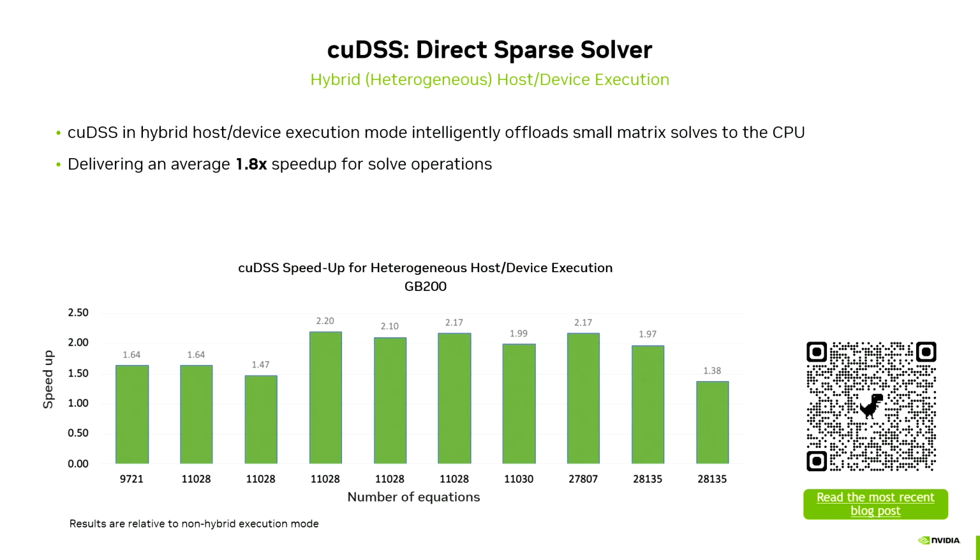By execution, I mean of smaller matrices to the host, and as a result of that, it delivers something close to a 1.8 average speedup. And I want to highlight that with these two slides, I don't just want to mention cuDSS as an example, but more that our libraries attempt to exhaust every possible opportunity to deliver performance.